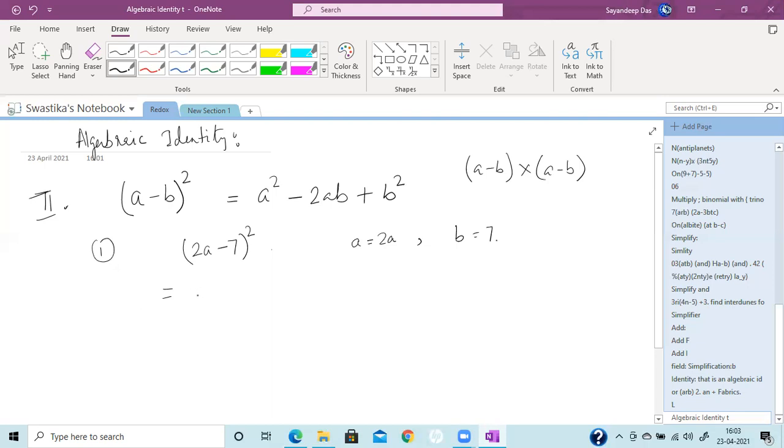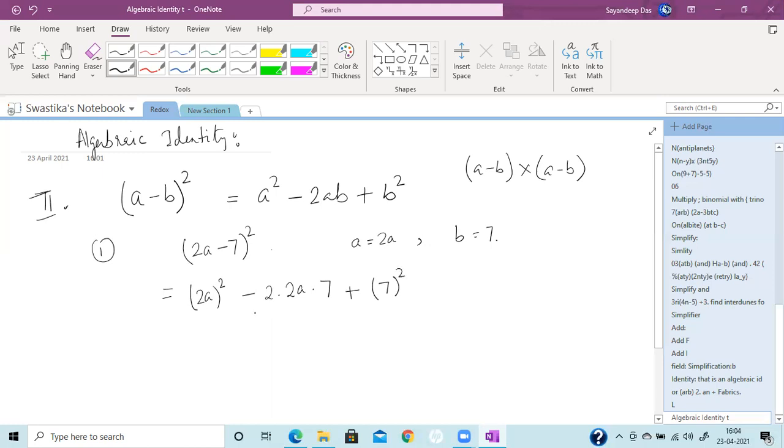So in place of a square you must write twice a square, minus 2 into twice a into b, b is 7, plus b square, and here in this problem b is 7.